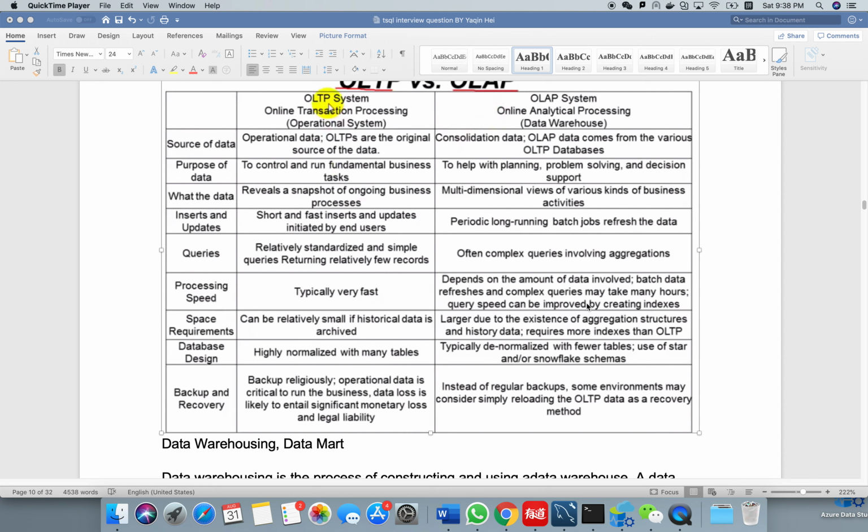So it's usually slower than an OLTP system and usually uses bigger space because we need to have some aggregation structure and historical data and more indexes than OLTP. For the database design, OLAP is typically denormalized with fewer tables, using star and snowflake schema.